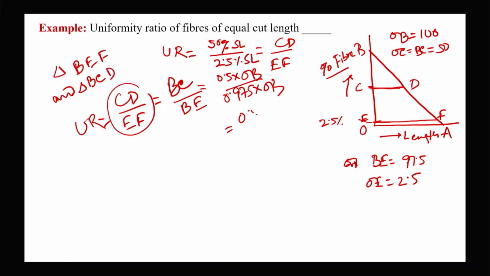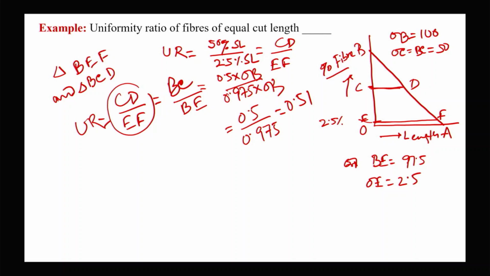So 0.5 divided by 0.975, 0.51 is the uniformity ratio of a fiber of equal cut length.